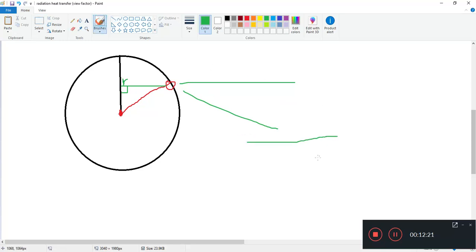So we have r stretching from the center, and we will call this angle theta. In the spherical coordinates, we'll call this angle phi.